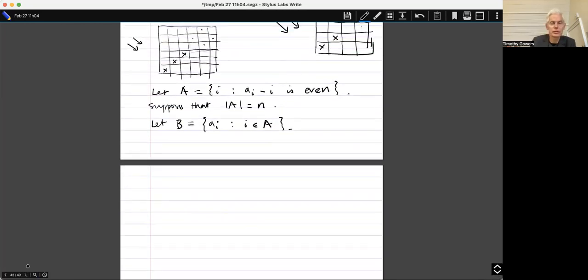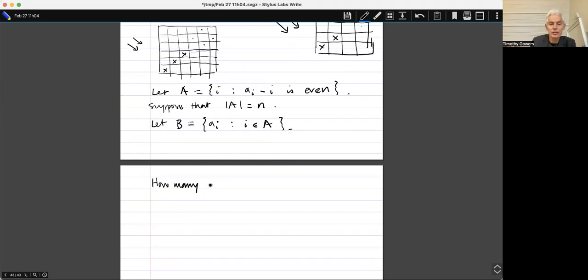And the question that I'm asking myself is, how many... so A is going to be the set of columns that I choose, and then B is a set of rows that I choose when I've filled in my n black squares.